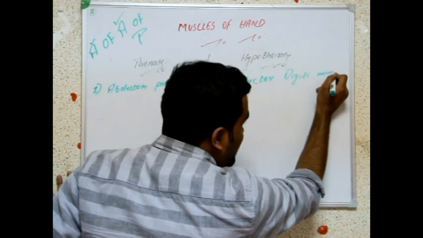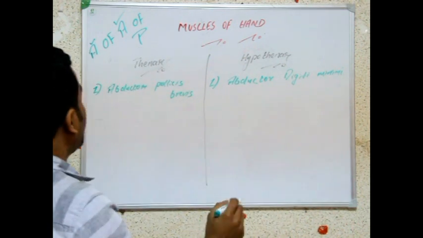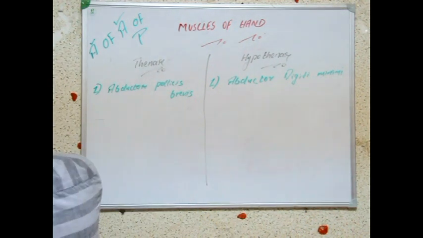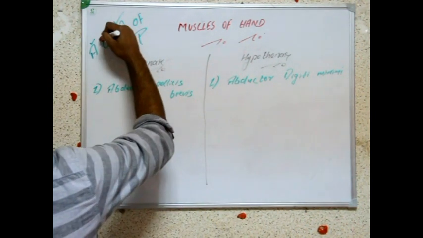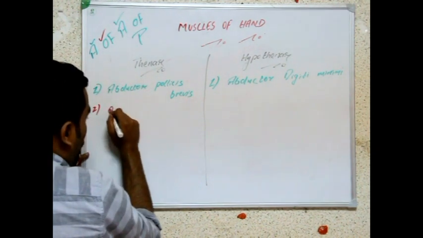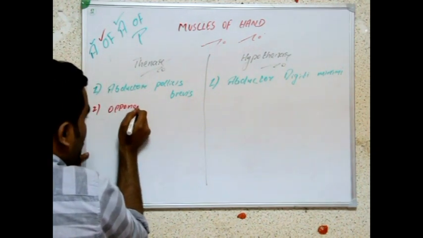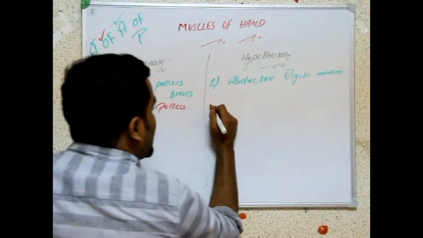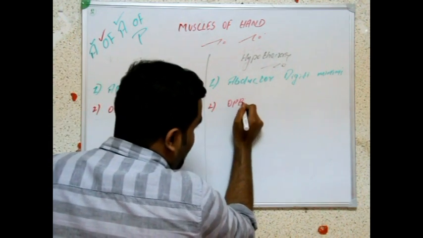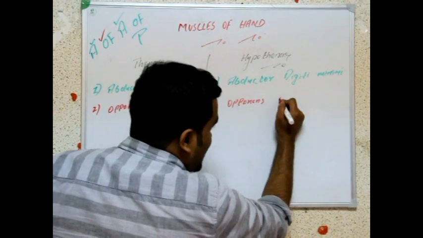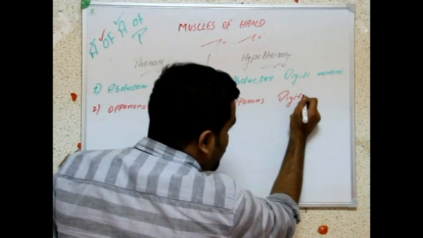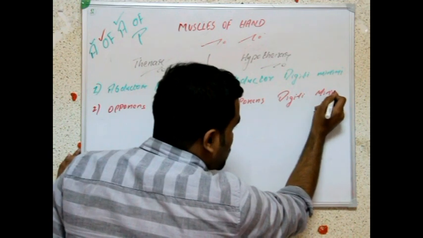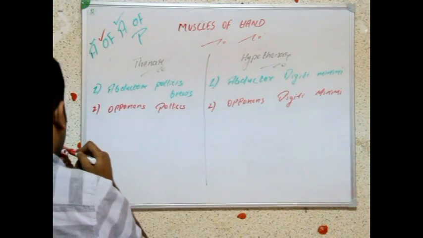Minimi, the little finger, right? Abductor digiti minimi. Then second one, the O. O stands for opponens pollicis. Same here, opponens digiti minimi. Then the F.